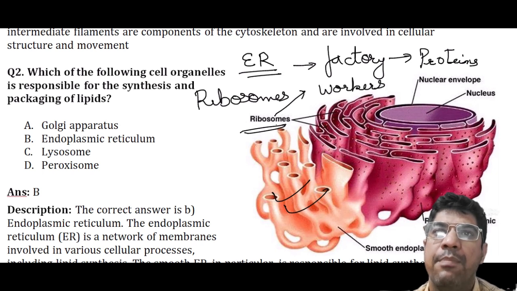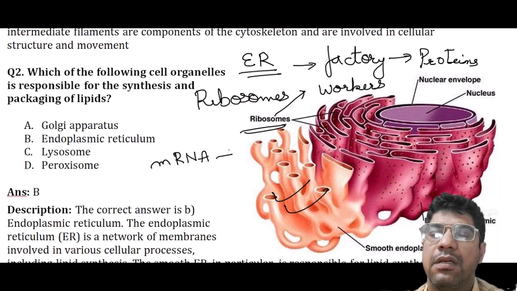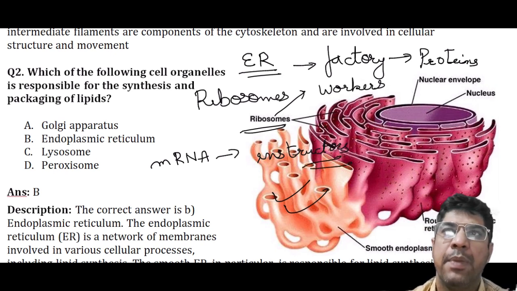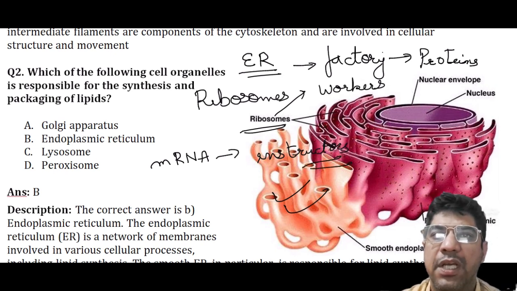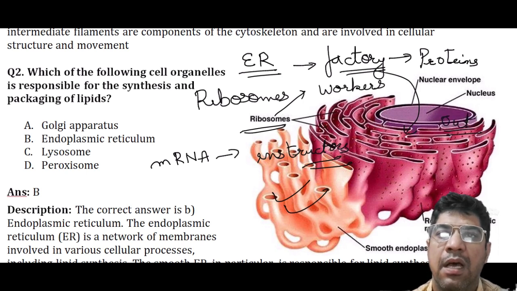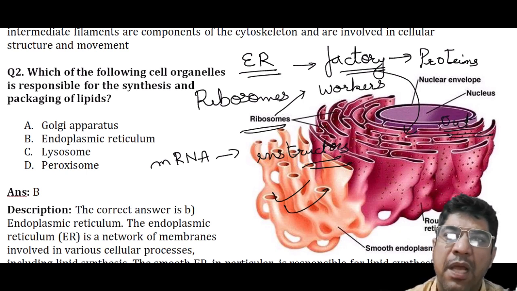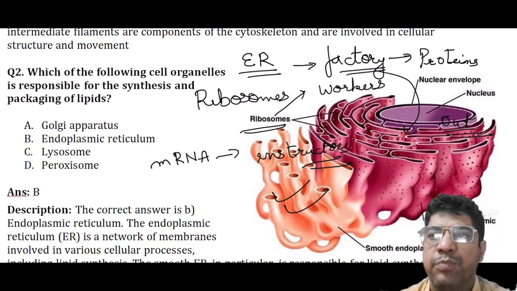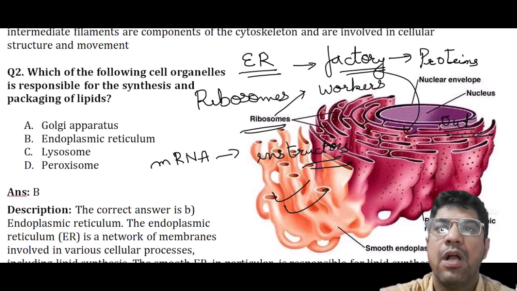And remember, mRNA is the instruction. So these products can either be used inside the factory or sent out, just like proteins can stay in the endoplasmic reticulum or be transported to the other parts of the cell or the body.